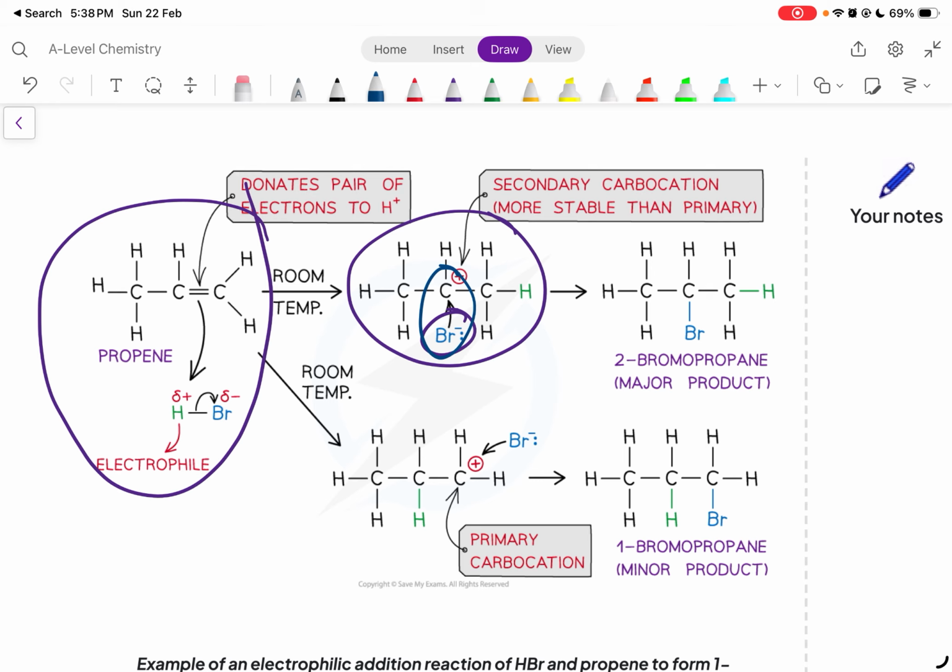So 这里呢，我们就会讲 this is 2-bromopropane. However, there are cases 如果我这里加到的不是 secondary 的，也就是讲这不是中间的，或者是 tertiary 的，it's at the primary, which is the very far further out carbon. That means 我们这里就会形成 1-bromopropane.